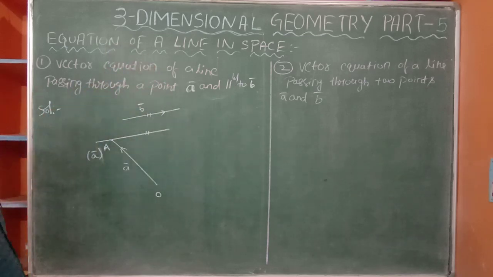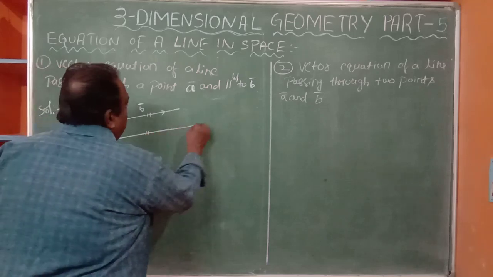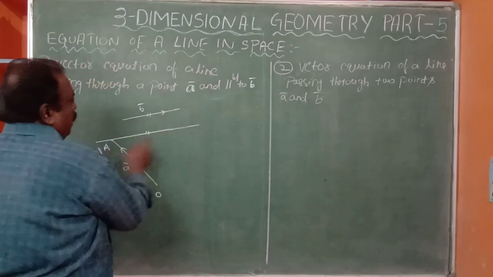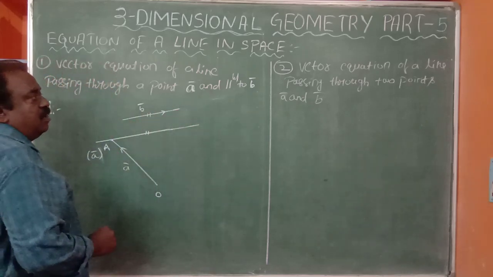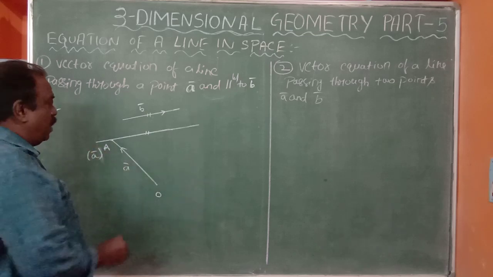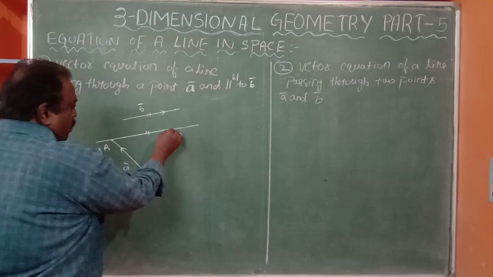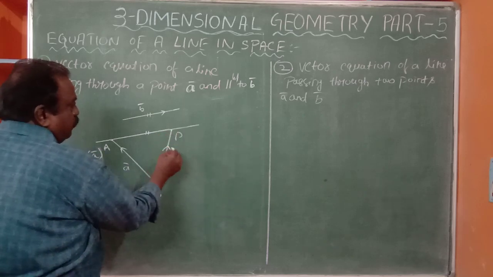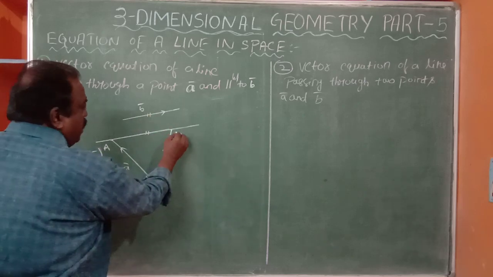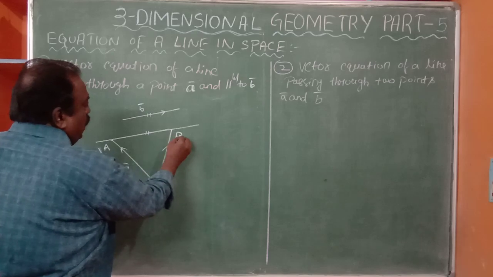This is the required line. Now we take a point capital P on the required line.